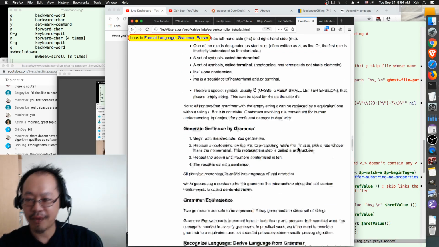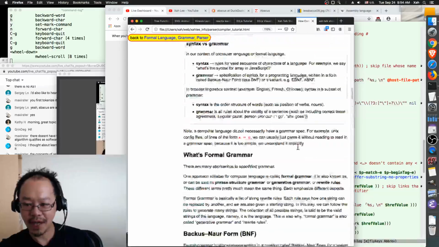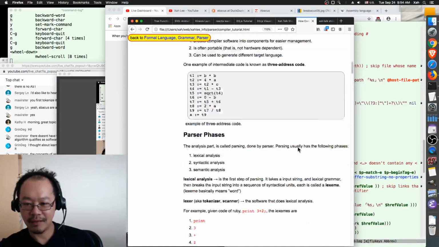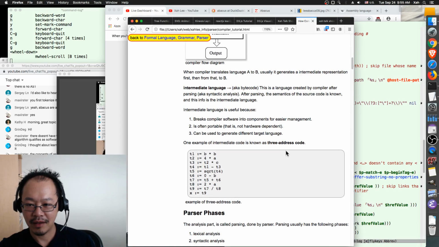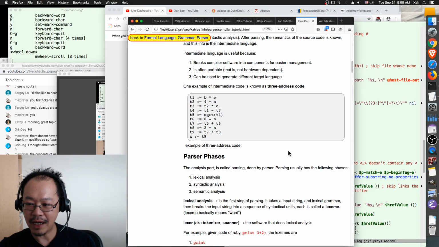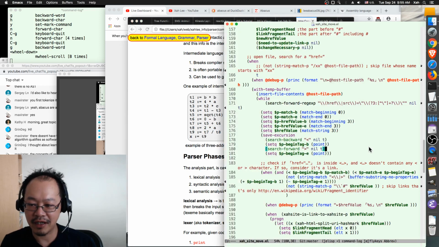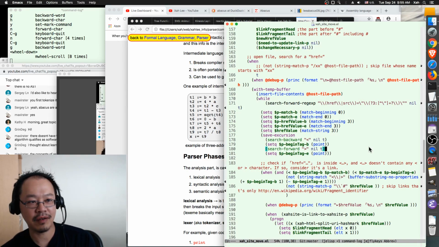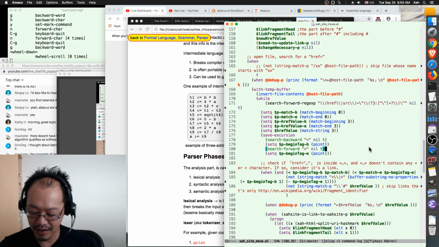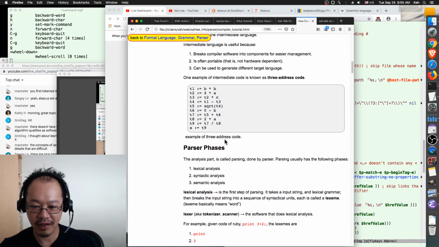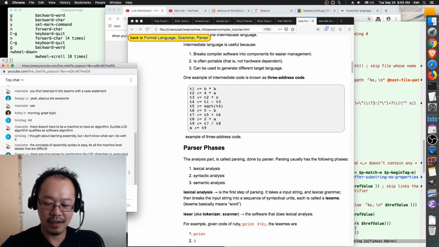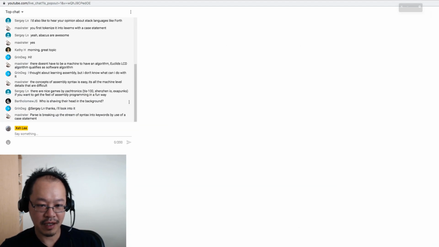So let's talk about parsing. I'm just giving you an overview of how this works in theory, a theoretical overview. I don't know the stuff in detail, so that's one of the things I'm trying to learn. Let's see what we have here. Comments.